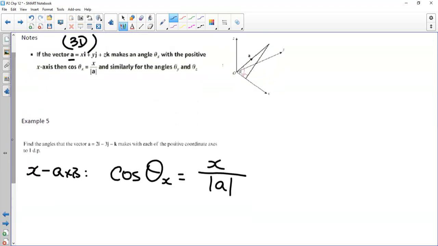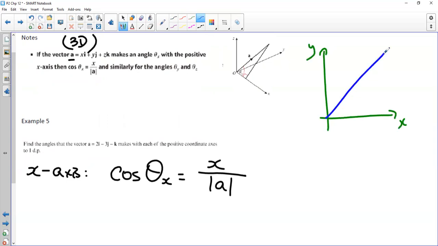Essentially, what the angle we're trying to find here is, sorry, I'm jumping back and forth, but if we think about it in 2D, we've got the x and y axis here, and here's the line, the vector A. In the 2D sense, theta x is the angle the vector makes with the x-axis. And theta y is the angle the vector makes with the y-axis.